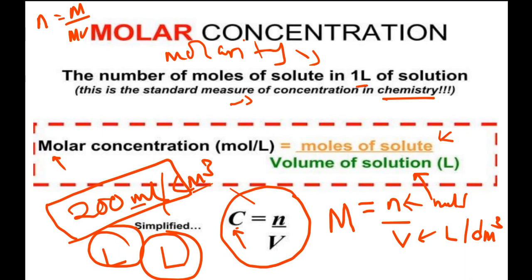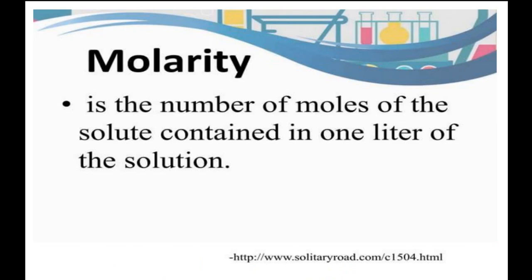We just cross multiply, so moles is equal to molar concentration multiplied by volume. This is the new formula that we are going to be using to find the moles. So moles is just equal to MV. All right, so I've explained that, and this was still the definition. And then we have a sample problem here.